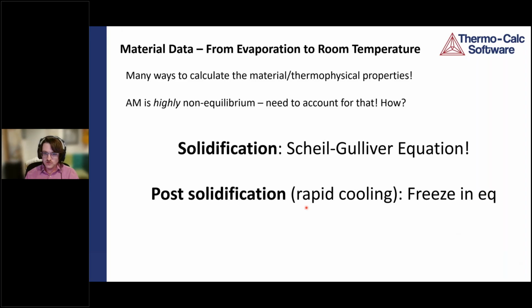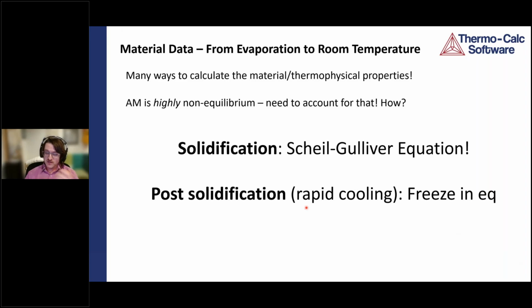Well, we all know that additive manufacturing happens very quickly in terms of cooling rate and speeds, and that's very much not equilibrium. That's highly non-equilibrium. So how do we account for that? And how do we account for the solidification effect on the material behavior and the material properties through thermodynamics? That is largely done through the Scheil-Gulliver equation, which I will cover in a second.